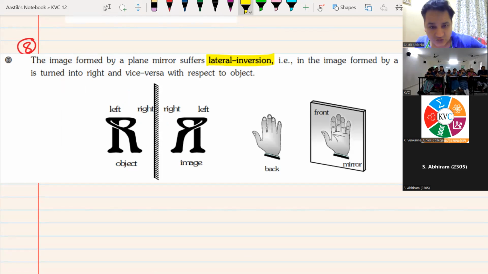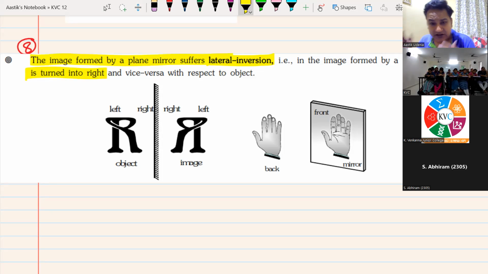Now I know you cannot draw this diagram because even I could not draw it, and that is why I had to say it, but this is just to make you understand that the image formed by a plane mirror is laterally inverted. What I mean by lateral inversion is that left is turned into right and vice versa.